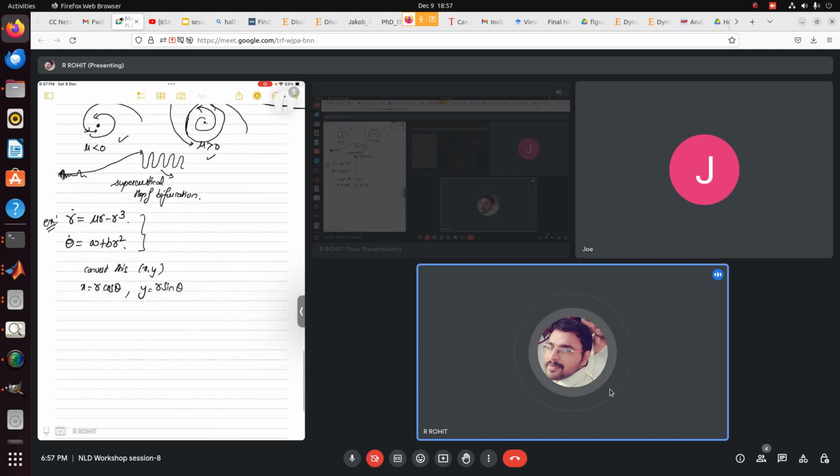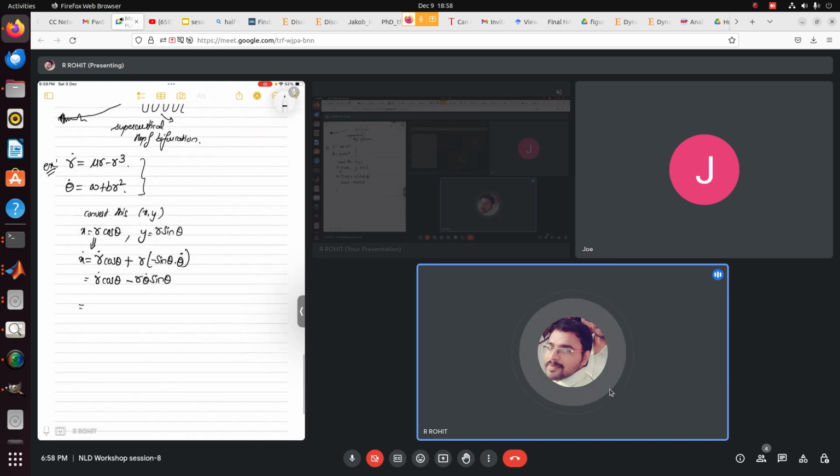From this, we can write x dot as nothing but r dot cos theta plus r times the differentiation of cos theta, which gives minus sin theta, but then one more theta is there, so it will be d theta by dt, that is theta dot. So you will come up with r dot cos theta minus r theta dot sin theta.